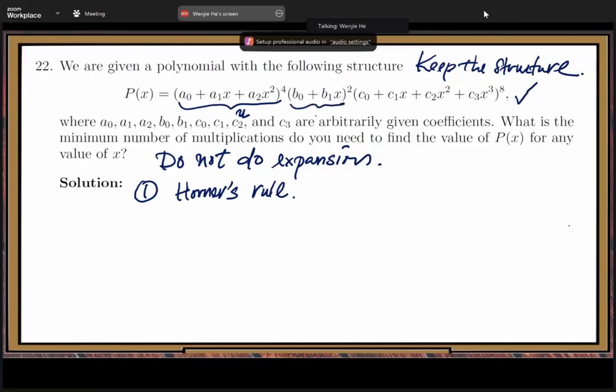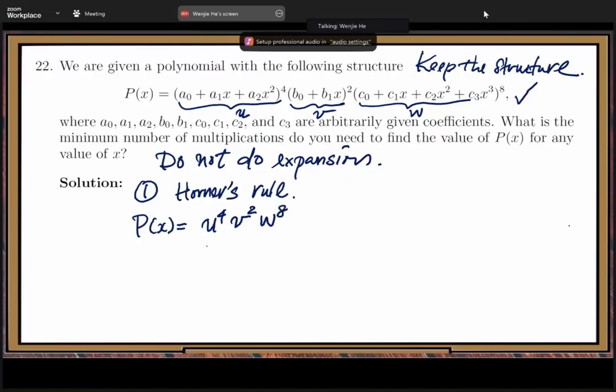Also v, using Horner's rule, for the second pair of parentheses. Then w for the third pair of parentheses. After that, p of x equals u to the fourth times v squared times w to the eighth.